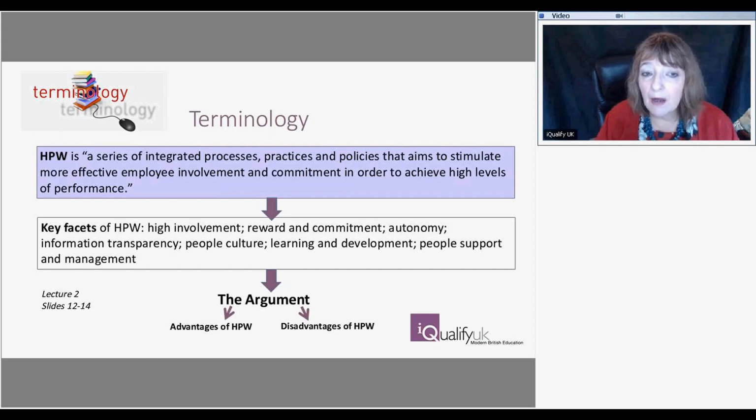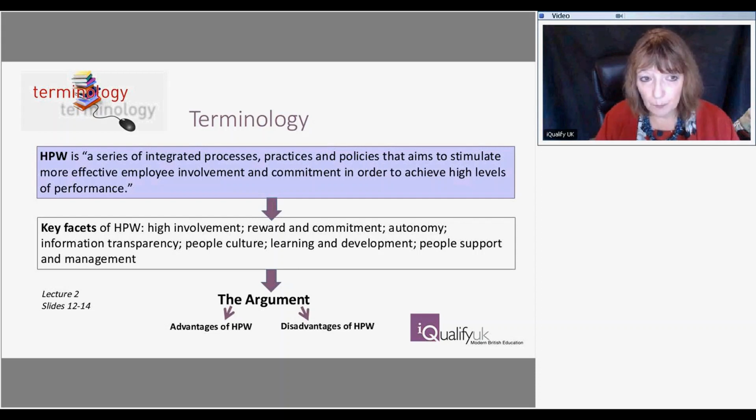Well, they were high involvement, reward, commitment, the ability to make choices, degree of autonomy, information transparency, a people-oriented culture, learning and development featured highly, and the fact that there was people management support.